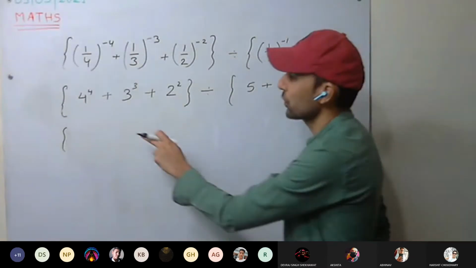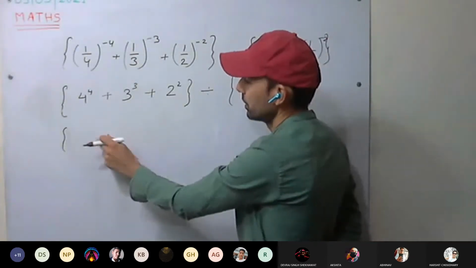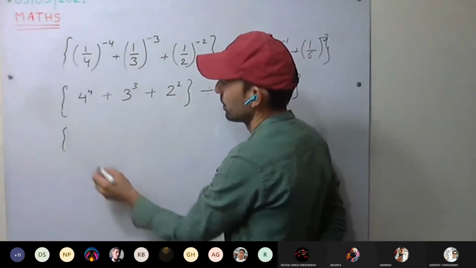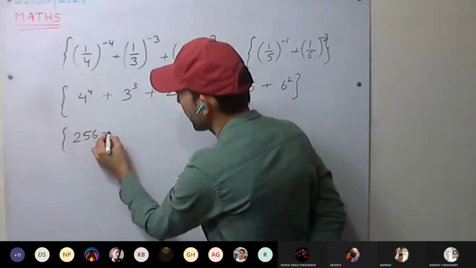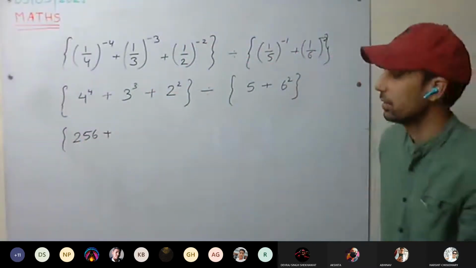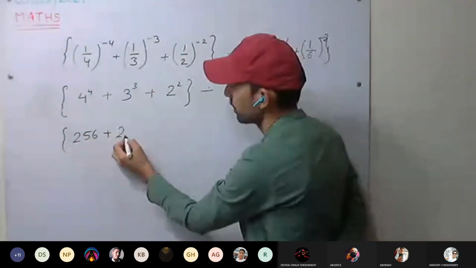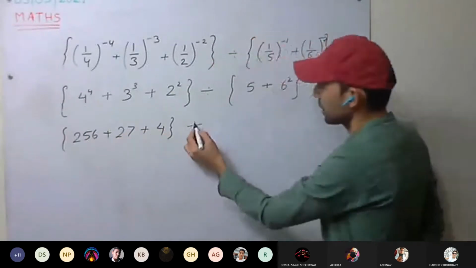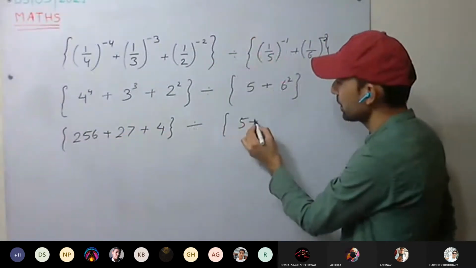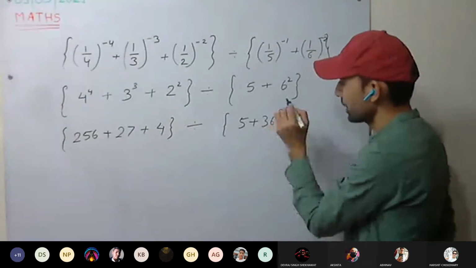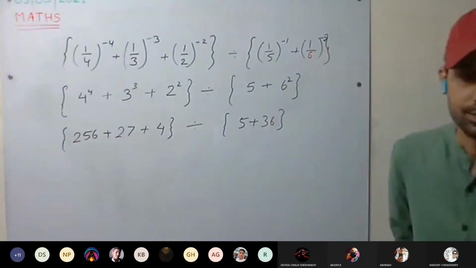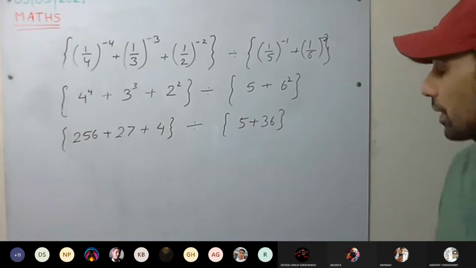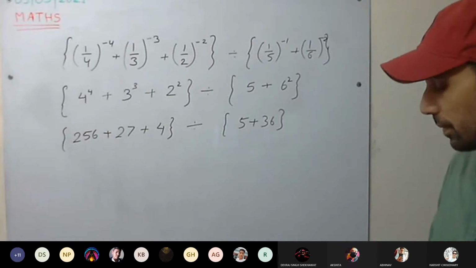Anyone who got the answer 4 to power 4? 256. Okay. 3 cube will be how much? This you have got divided by 5 plus 36. Okay, solve this one. How much you'll be getting?